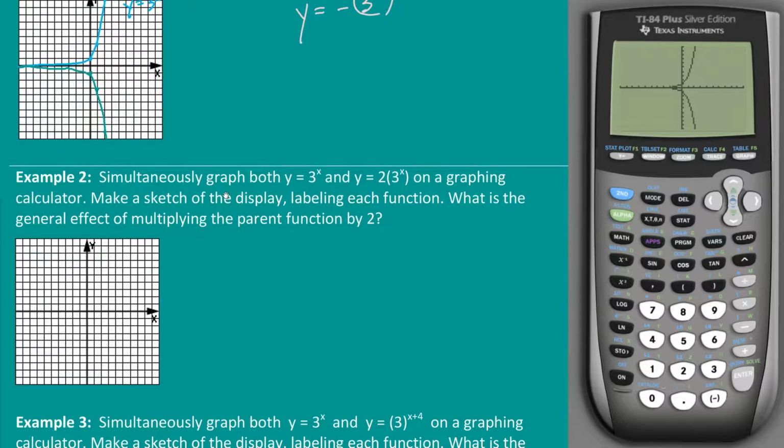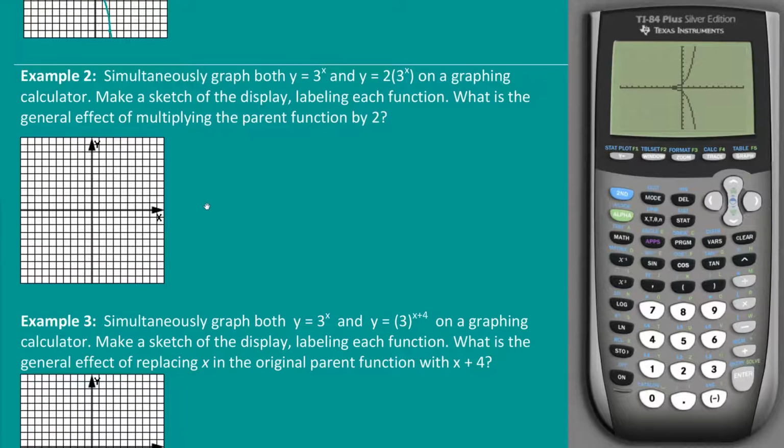But what happens if you have a 2 in front? If you're multiplying it, that's the stretch factor. So if I had this graph, y equals 3 to the x, it's going to be the same there, there, and there.